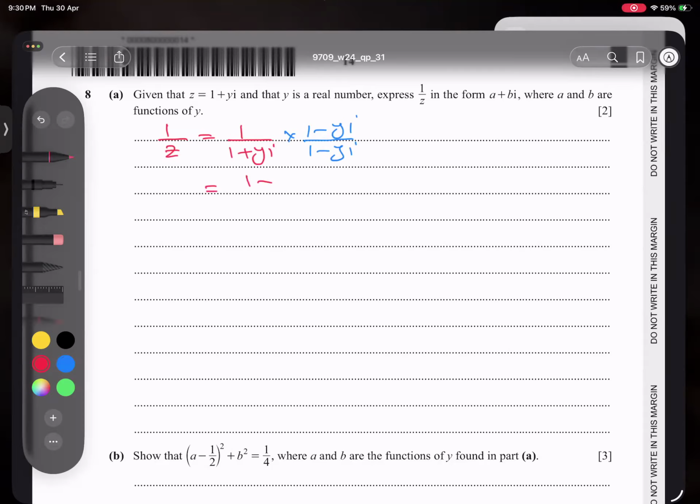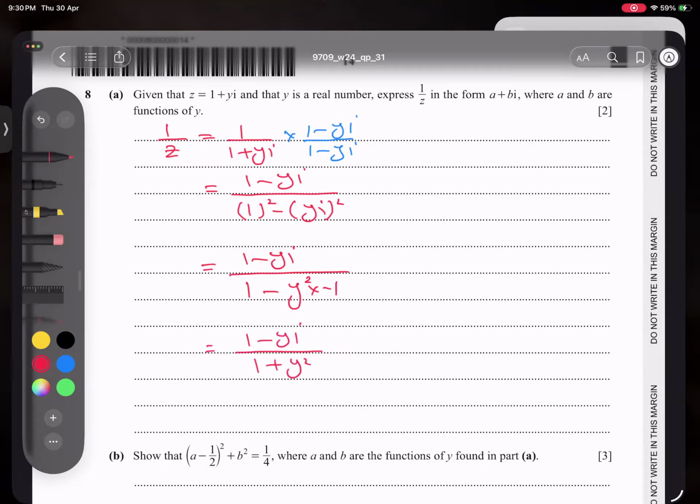So I'm getting 1 minus y iota, and in the denominator 1 squared minus (y iota) whole squared. 1 minus y iota over square of 1 and here square of y into minus 1. And then I can form it as (1 - y iota) over (1 + y^2).